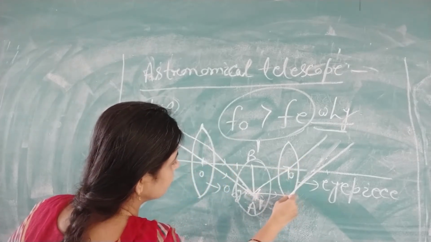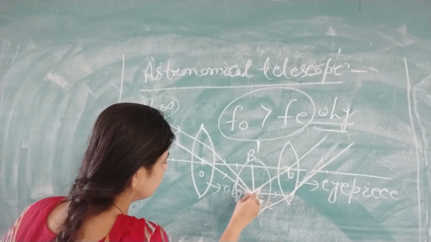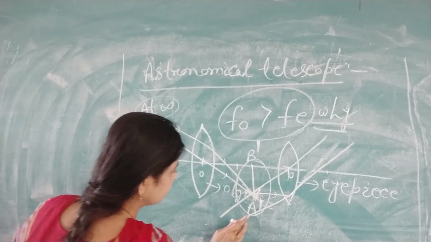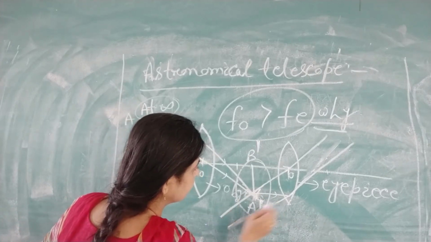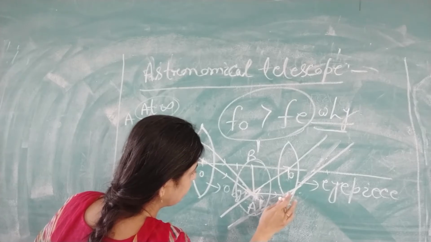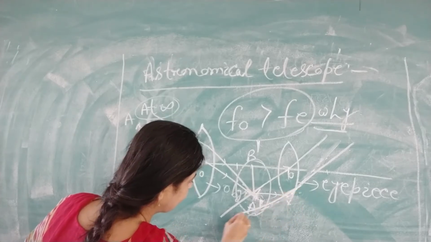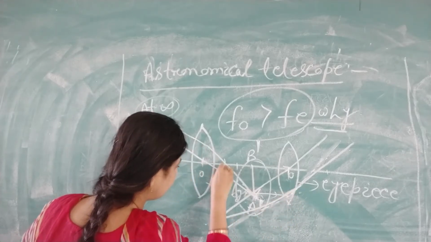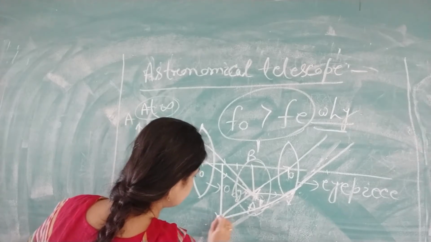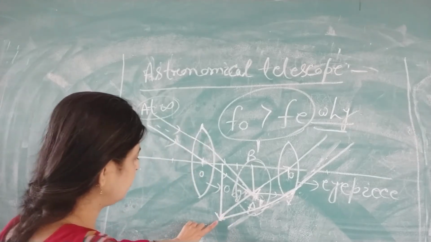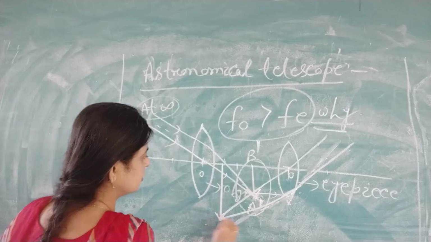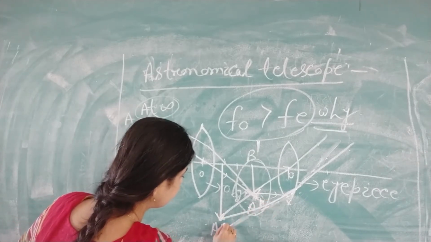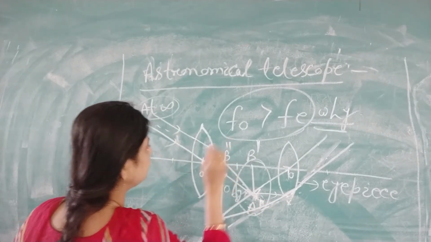Now, if we join these two refracted rays, then they will meet at this point. Suppose this point is here, A double dash B double dash.